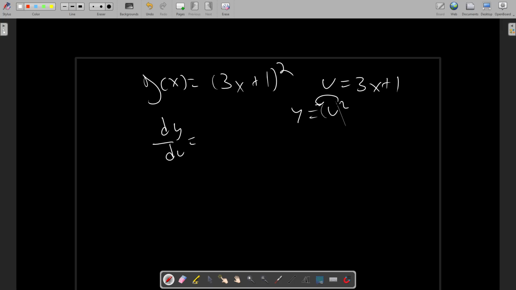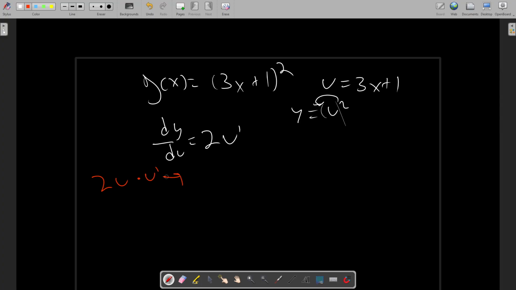So you bring the power down, and then you keep the u, and then you do 2 minus 1, which is just 1. So that's part of the derivative of this. Now, we have 2u, and then you have to times it by the derivative of the inner function. The inner function is our u, so you have to times this by u prime.